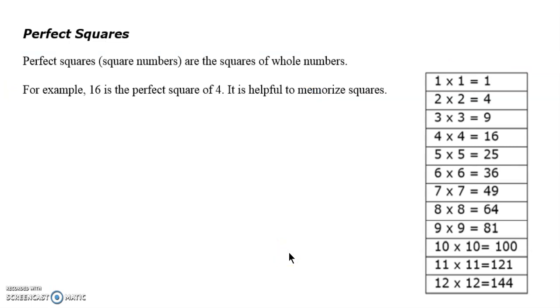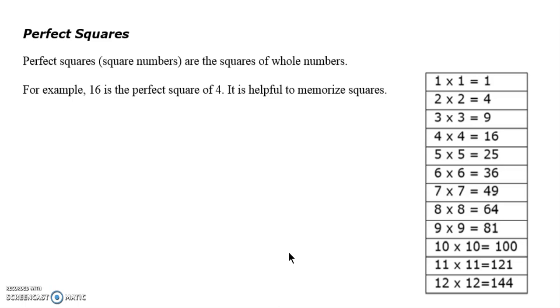Perfect squares are the numbers that work out well, and they're usually the ones that we memorize quite early on when we're learning our multiplication tables. So if we look at the example here, 16 is the perfect square of 4. It's because 4 times 4 is 16. So you can see these very common ones: 1 times 1 is 1, 2 times 2 is 4, 3 times 3 is 9, 4 times 4 is 16, and so on.